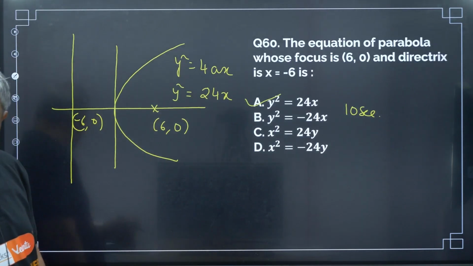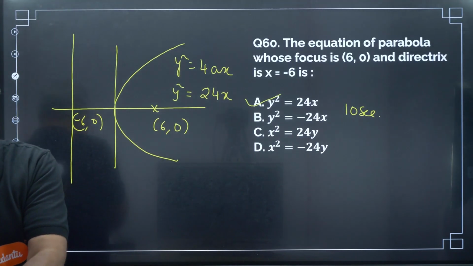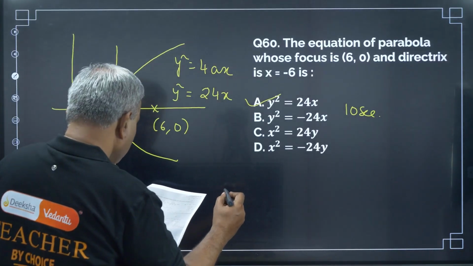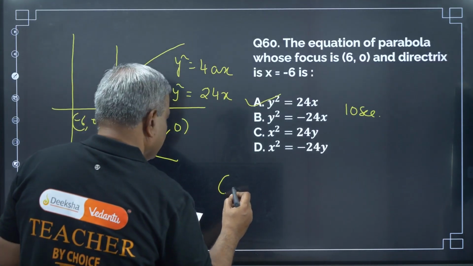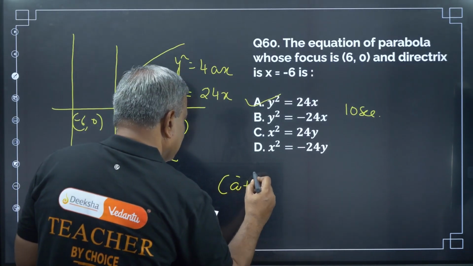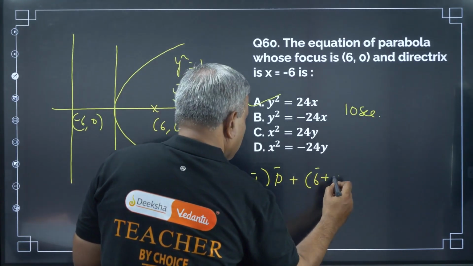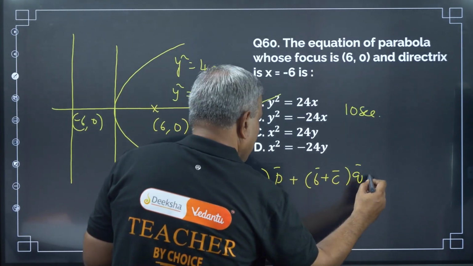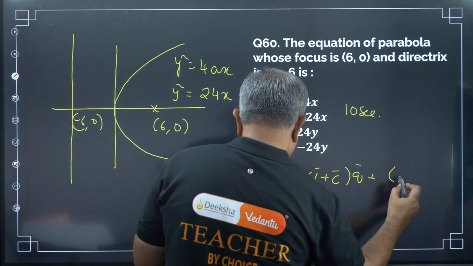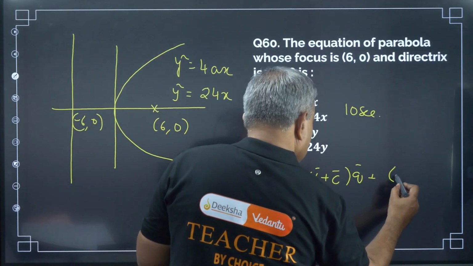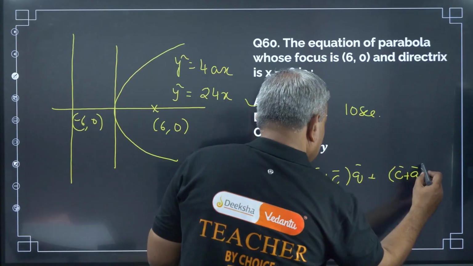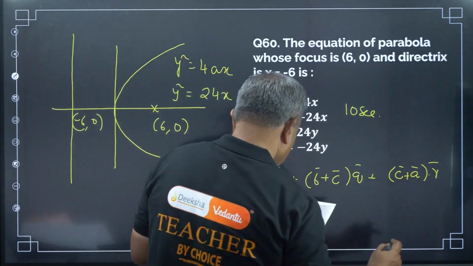Okay, now one question was there, duplicacy. So 39 you already know. They are asking (a vector plus b vector) into p vector, (b vector plus c vector) into q vector, and they have asked (c vector plus a vector) dot r vector.